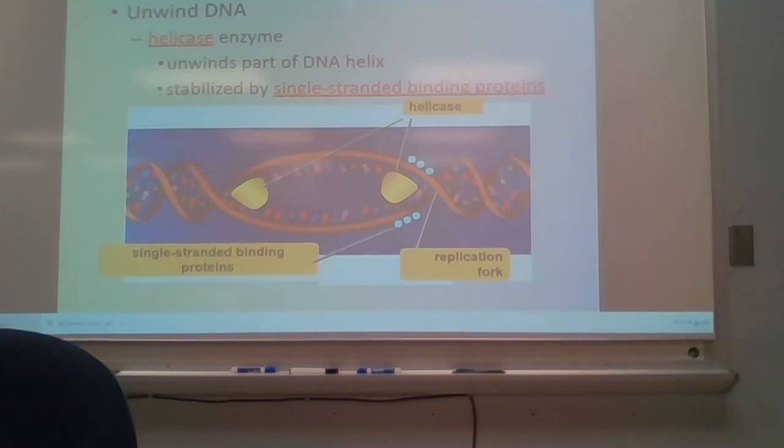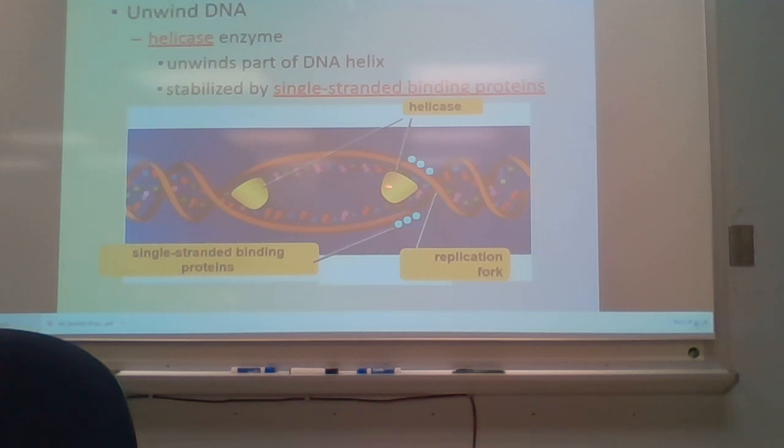In our diagram there, it's these yellow blobs. Right here and right here. They're going to find those origins of replication, and they're going to start to separate and unwind our DNA strands. Okay. Notice they are going in both directions. So this is two replication forks, so one, two, on either side of our bubble.